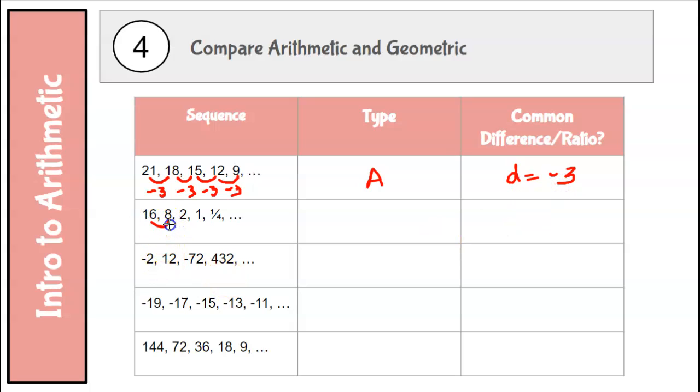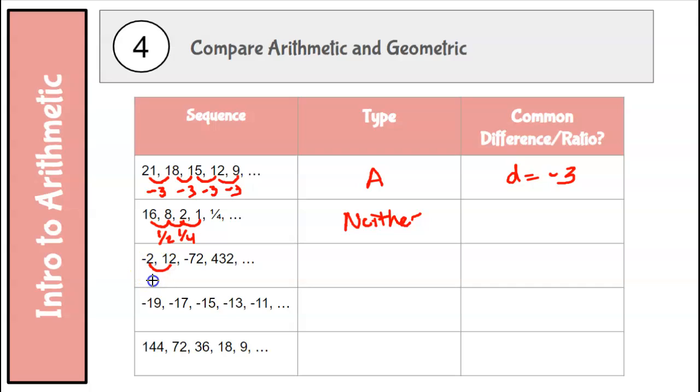Then for here, the difference is 8 and then 6 and then 1 and then some kind of fractions. It's definitely not arithmetic. Let's do 8 divided by 16 is 1/2. 2 divided by 8 is 1/4. Uh-oh, this is neither. Neither one. So it doesn't have a common difference or ratio.